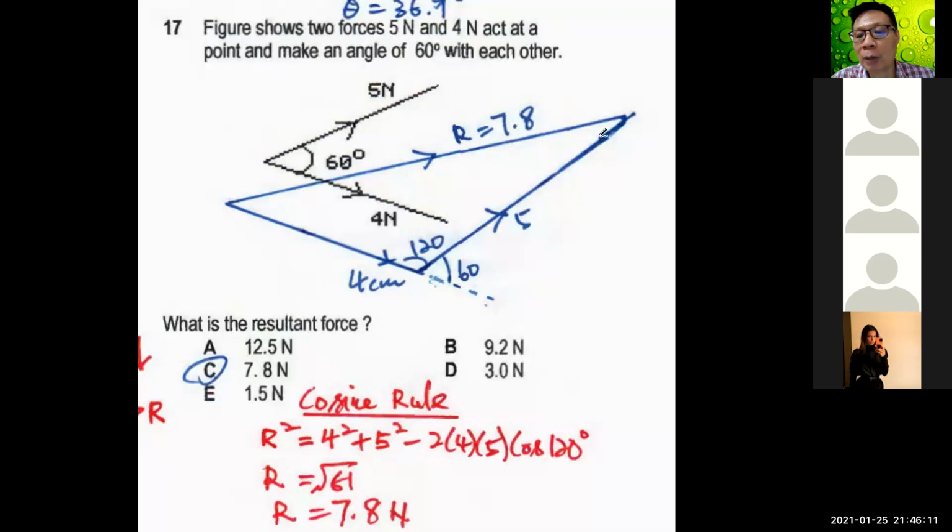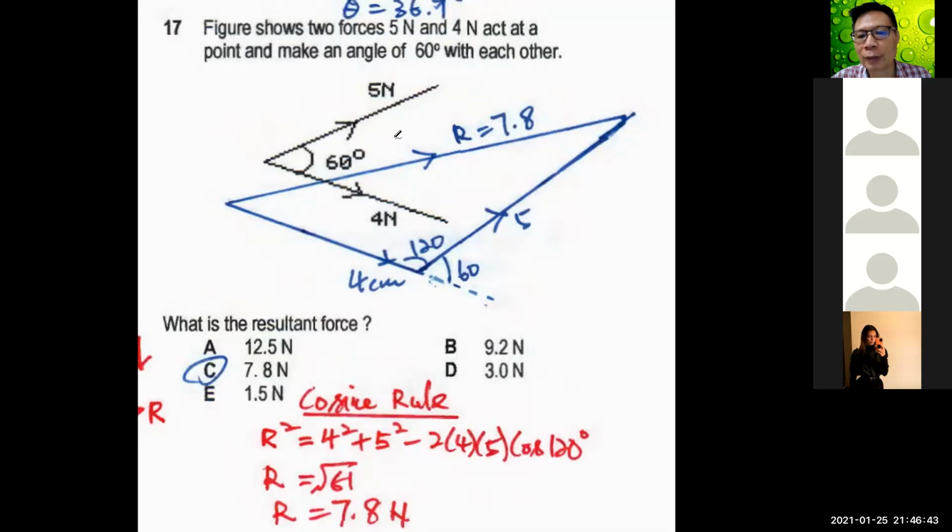If you don't have a compass or protractor to measure, it doesn't matter. You just sketch it out like that. 4, 5, angle here 120. You want to find this, right? Use the cosine rule. R squared equals 4 squared plus 5 squared plus 2 times 4 times 5 times cos 120.